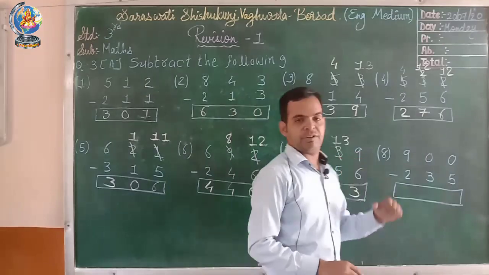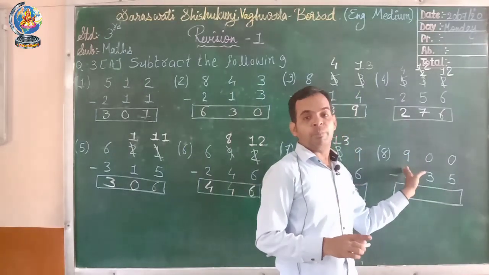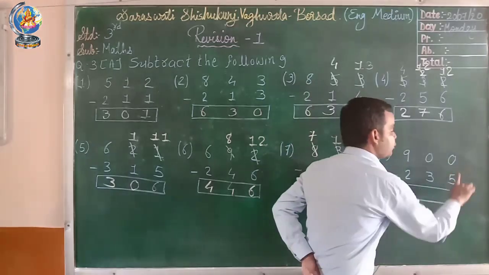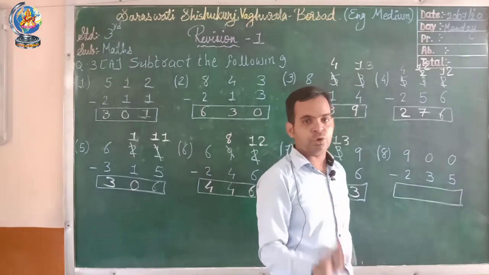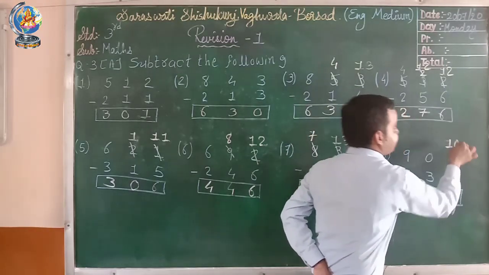Now the 8th sum. In this sum every student makes a mistake, so let's see carefully. Here 0 minus 5, possible? No. So you have to cut 0 and write 10.